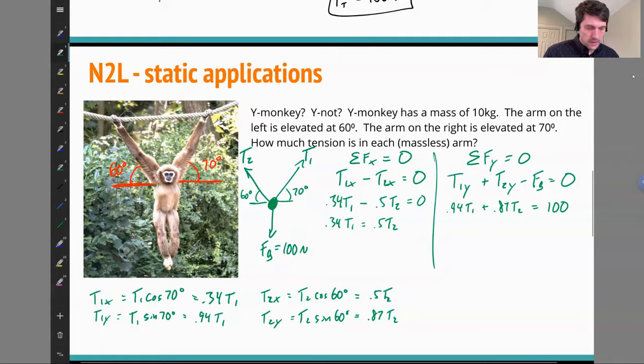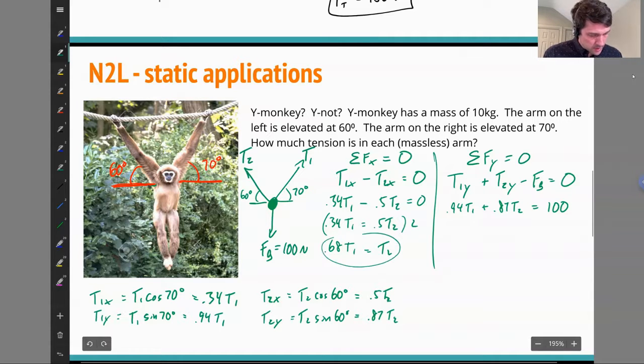All right, well, I've got two unknowns and two equations, so it's a system of equations. If I multiply this all by 2, I find that T2 equals 0.68 T1, and then I can substitute that in there. So I've got 0.94 T1 plus 0.87 times 0.68 T1 equals 100.